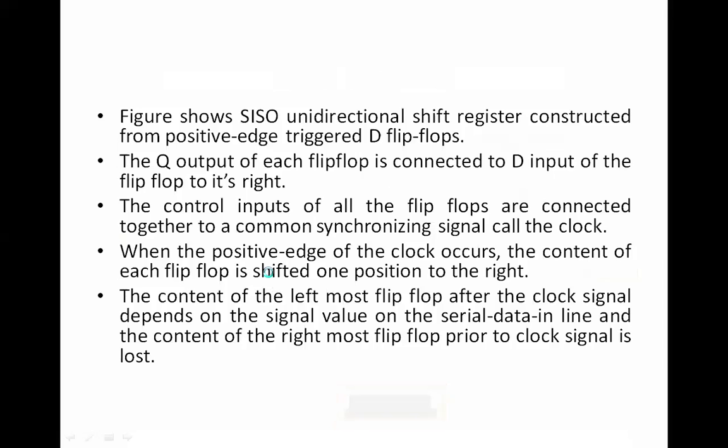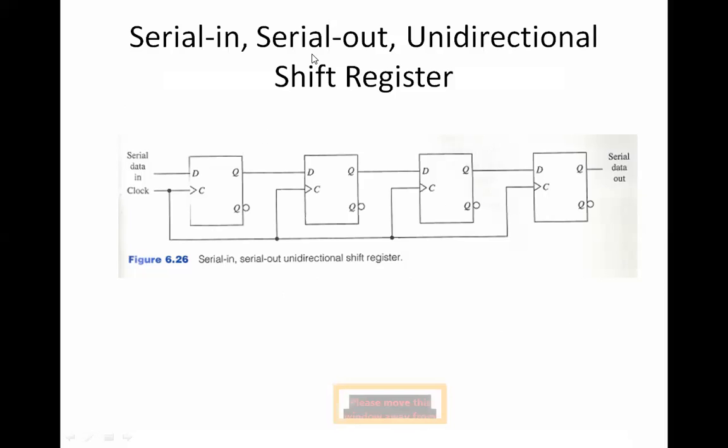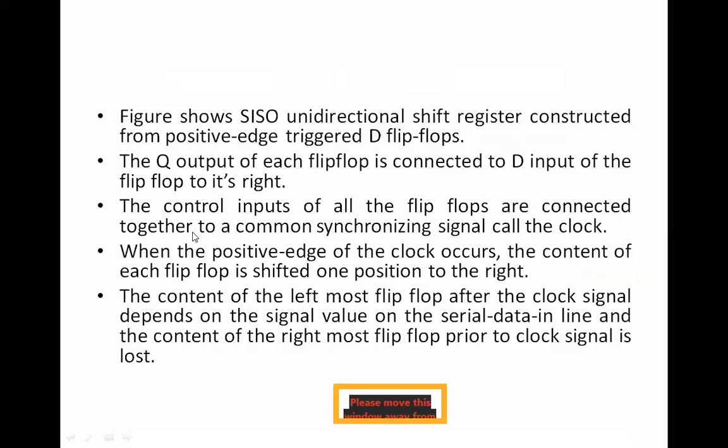If a question is asked based on SISO, then you'll have to represent this diagram and write an explanation as to how it is functioning. Figure shows SISO unidirectional shift register constructed from positive edge triggered D flip-flops. Most of the time, students, we will be considering positive edge triggered values only.